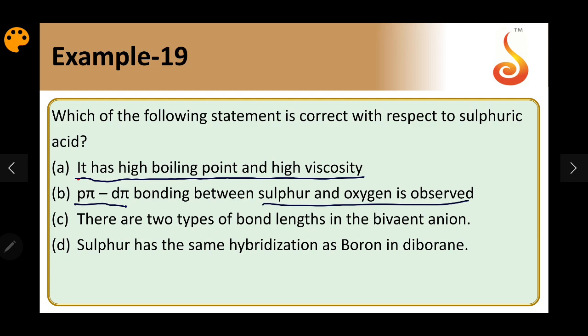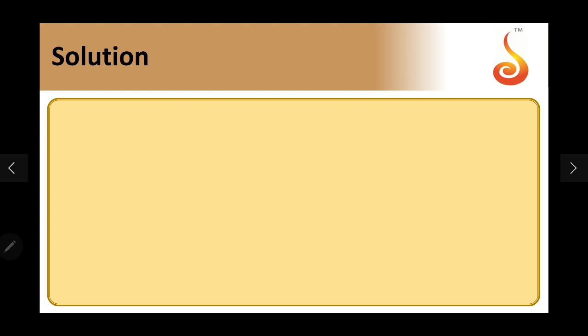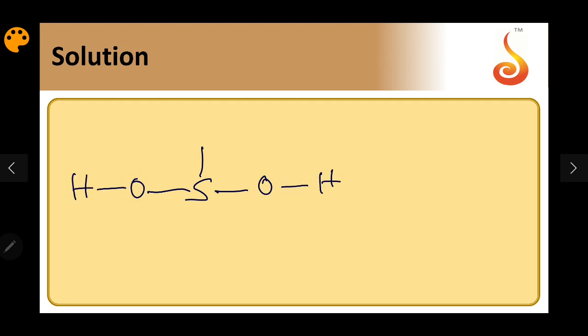So the structure of sulfuric acid, if you take sulfur, the Lewis structure is this. In the Lewis structure, the sulfur-oxygen bond is taken as a coordinate bond, but actually P pi D pi double bonds are involved.